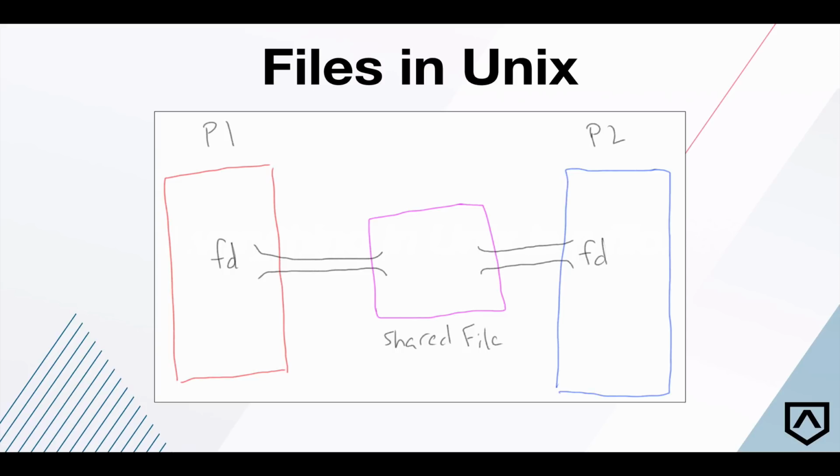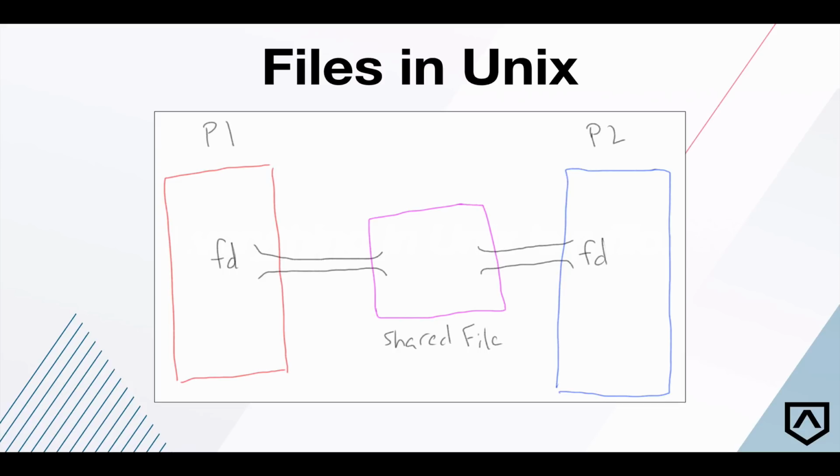Both of them would have that access through a thing called a file descriptor. The file descriptor is the handle through which they can read and write into the shared file. And since both processes have access to this shared file, that intermediary file is able to facilitate communication between P1 and P2.